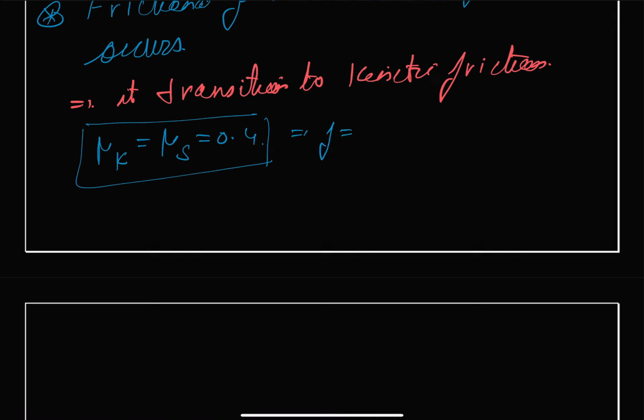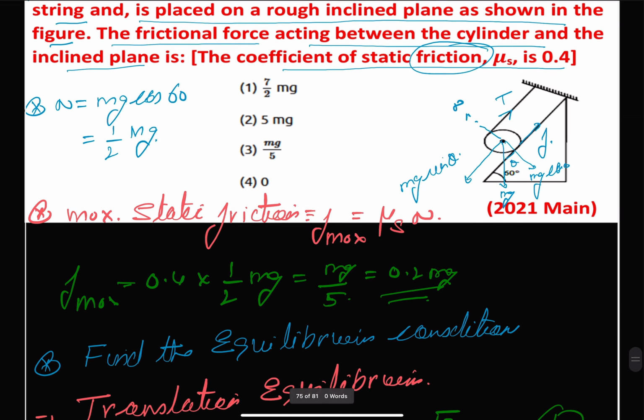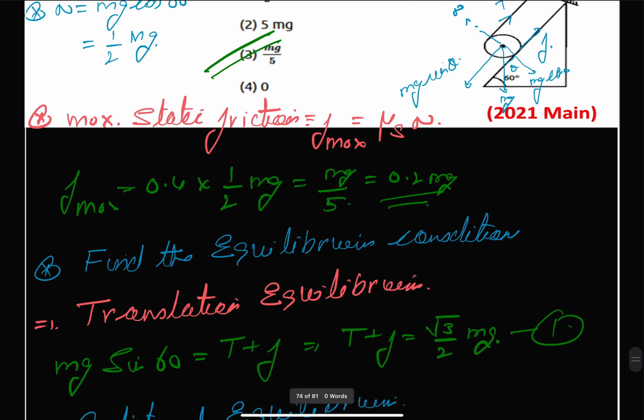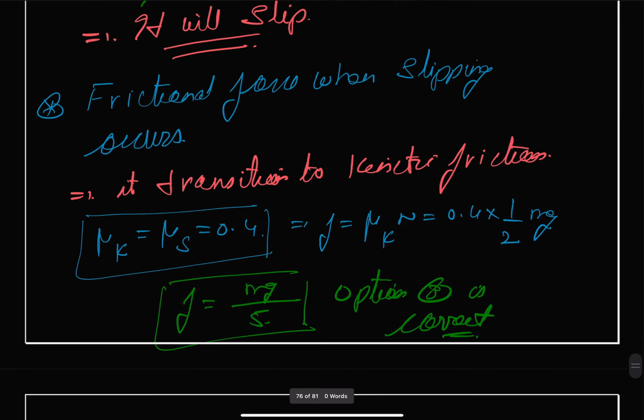Therefore, our frictional force F will be equal to kinetic friction times normal, which comes as 0.4 multiplied by 1 by 2 times mg, and we get that F is equal to mg by 5. So option number 3 is correct.